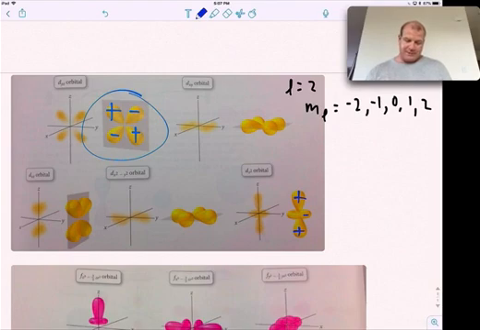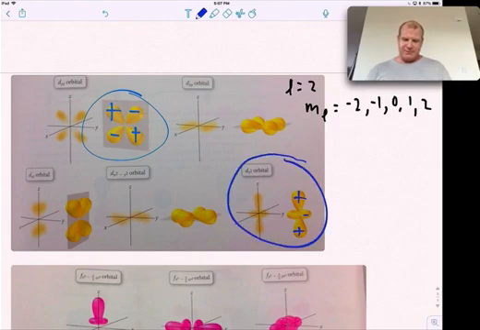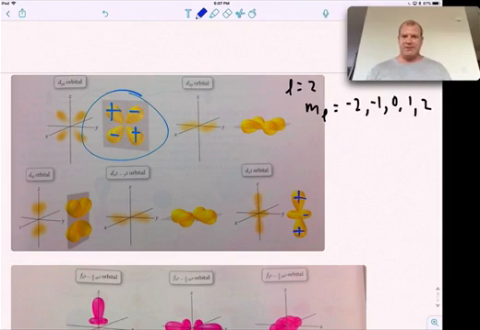And also, this dz squared orbital looks kind of funny. There's something called the Jahn-Teller effect. Copper complexes do this, and it has to do specifically with the shape of this dz squared orbital. They will elongate along the z-axis.